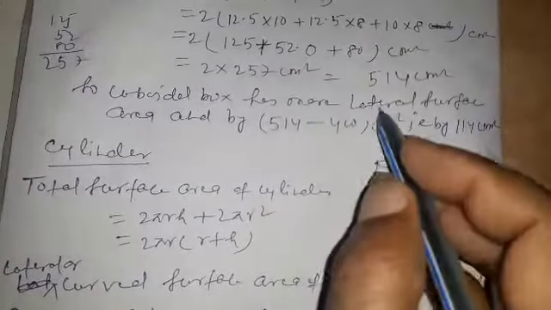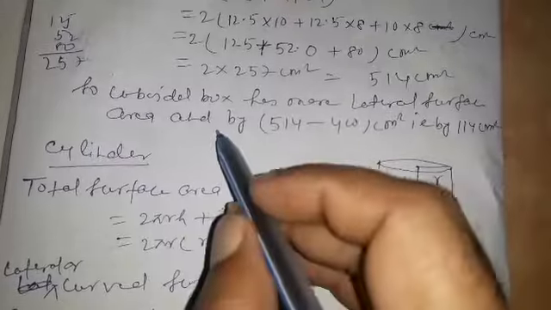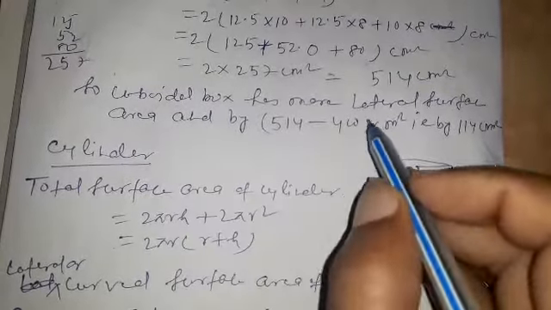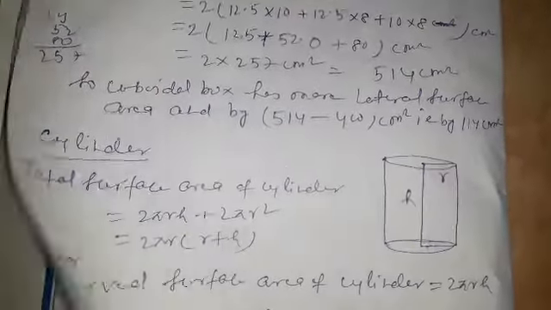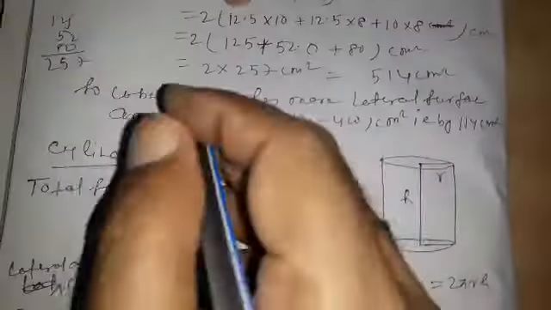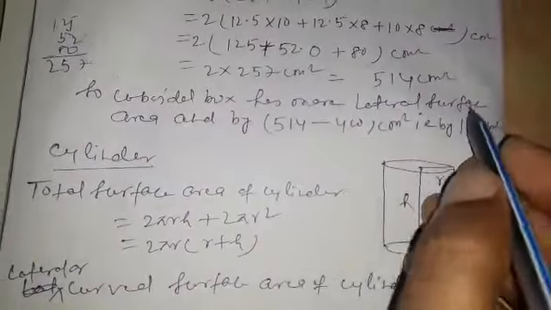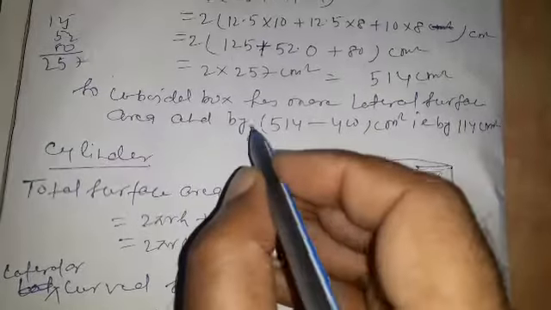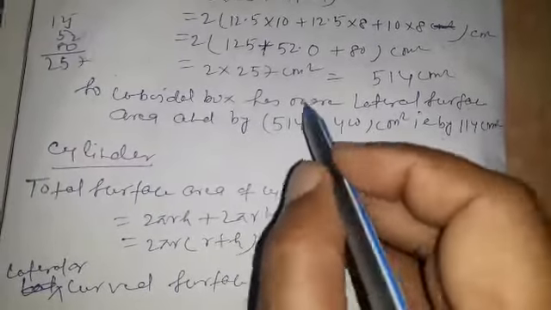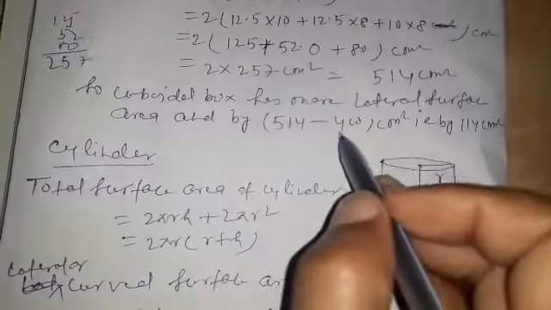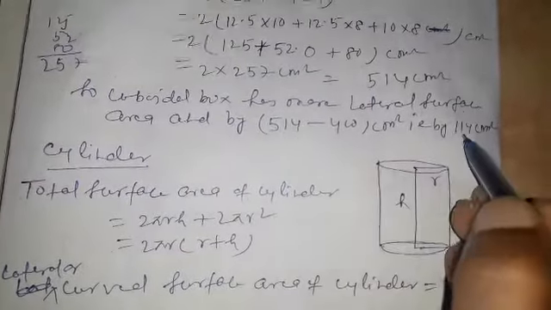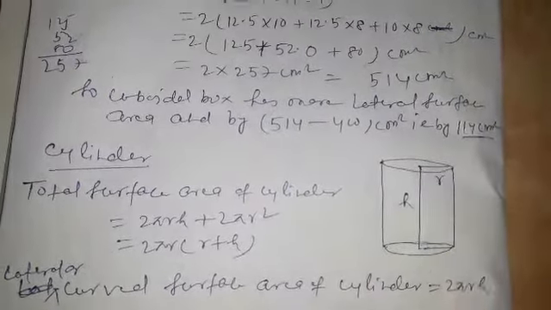So the cuboidal box has more lateral surface area than the cubical box, by 514 minus 400, that is 114 centimeter square.